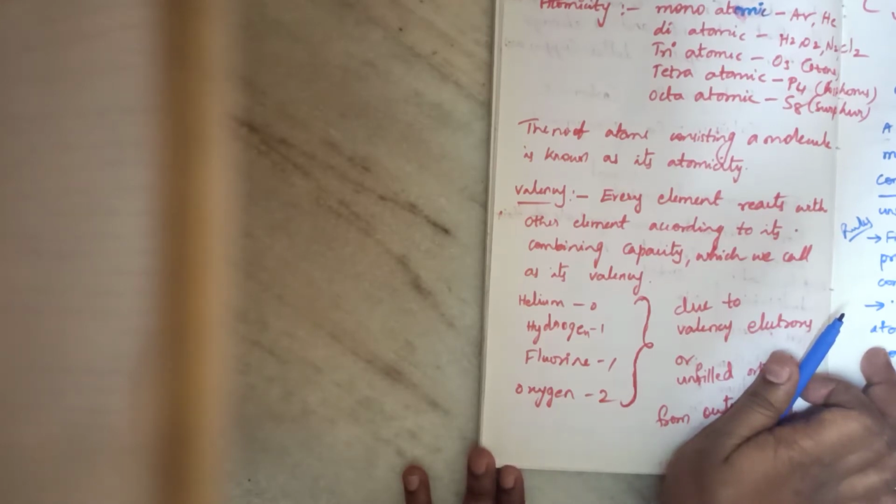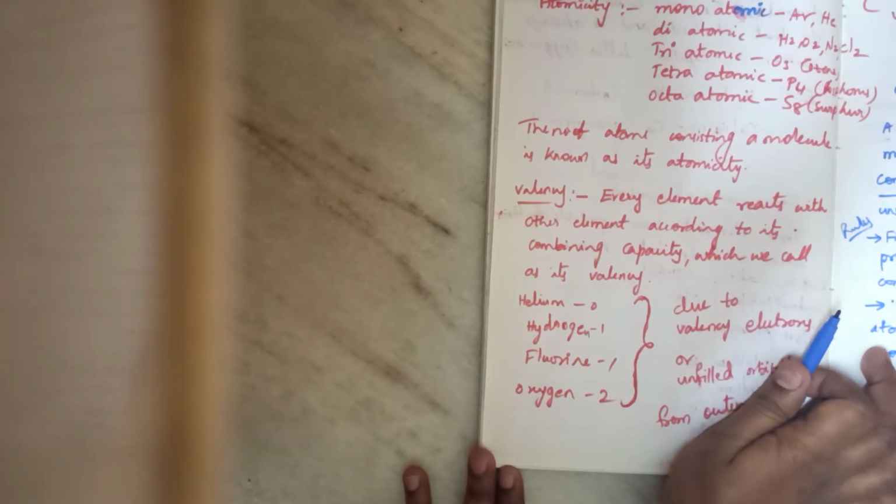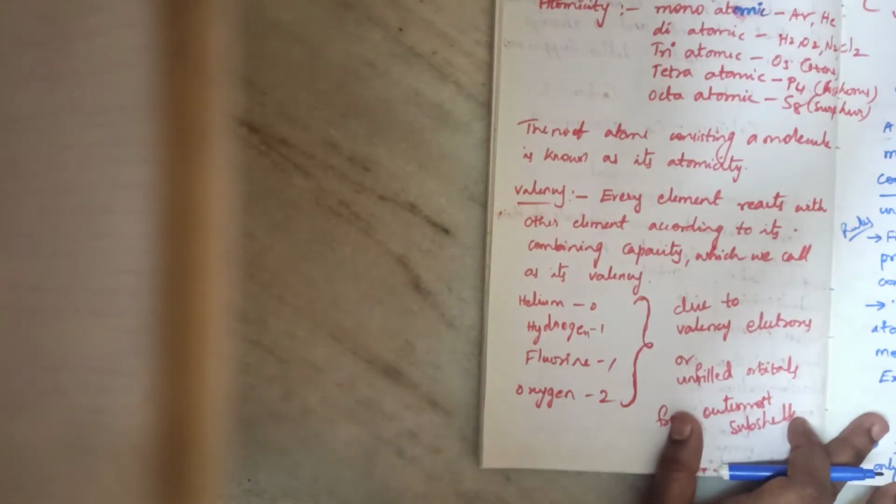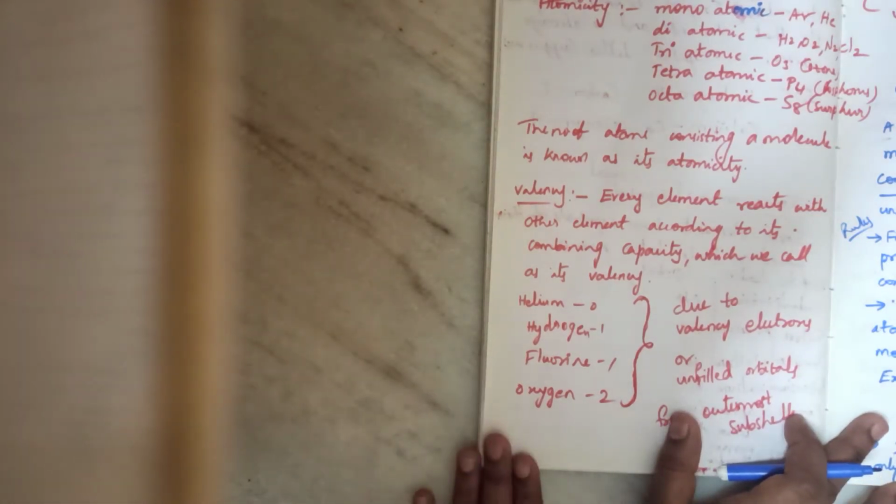Valency, in general: the outermost shell contains unfilled places, and the capability to take electrons and become an anion. Elements that give electrons and become positively charged are cations. So the capacity of giving and taking electrons is called valency.